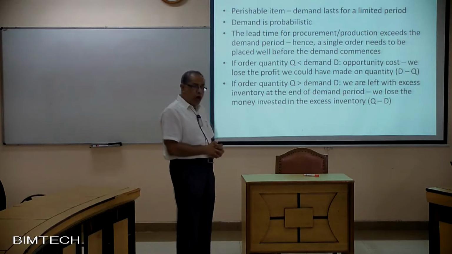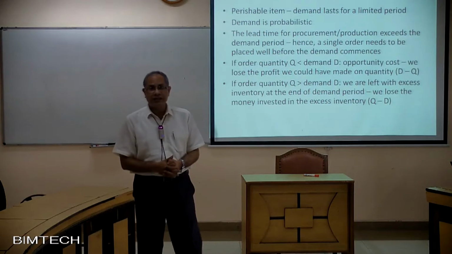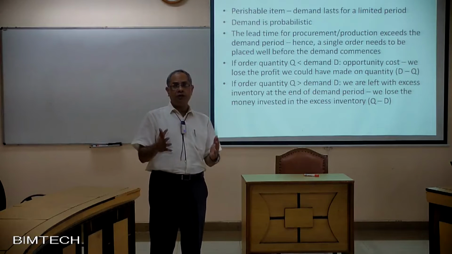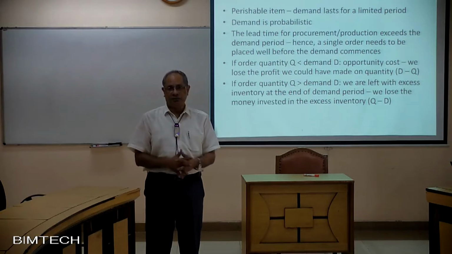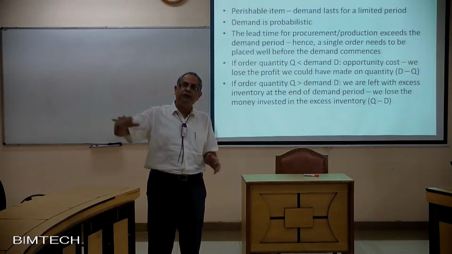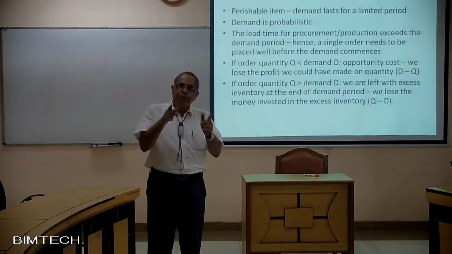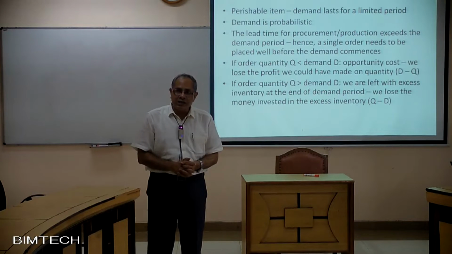Okay, now comes the real problem. The problem is that the lead time for procuring the item or for making or producing that item is so long that it far exceeds the period for which the demand is going to exist.